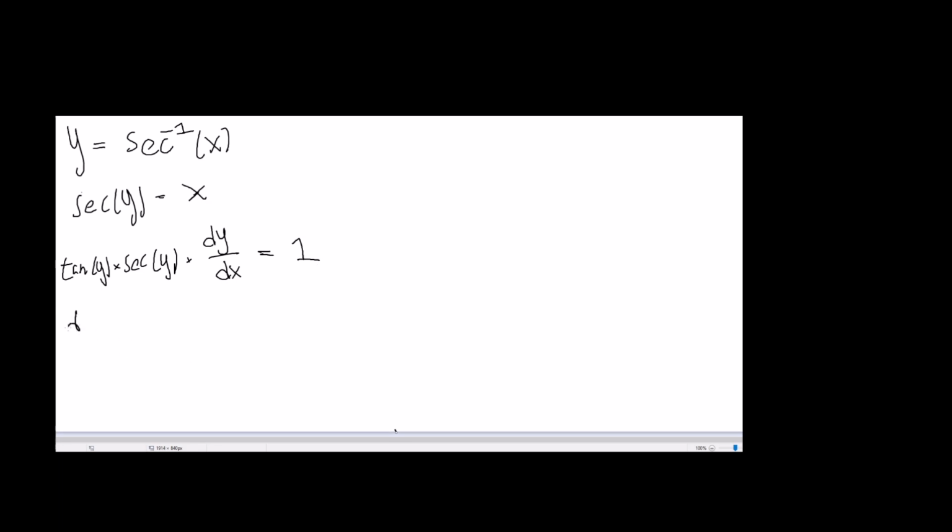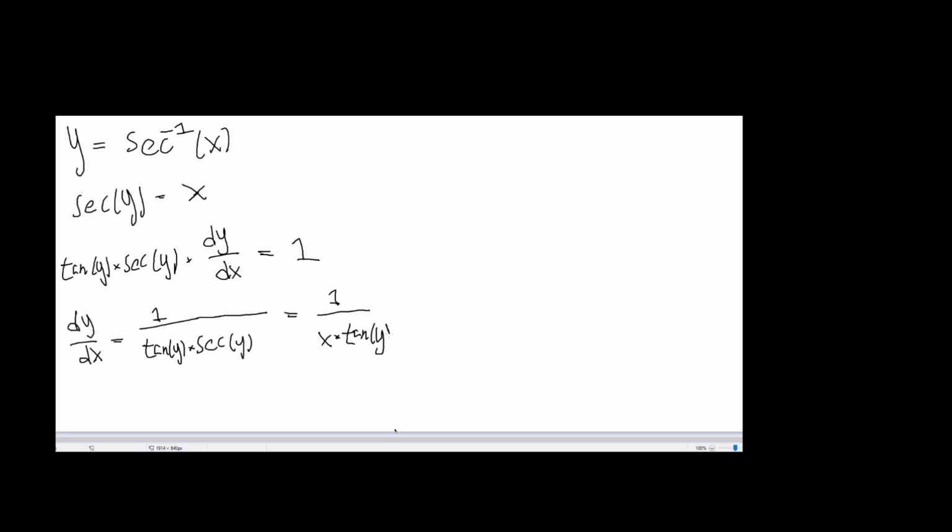So here we have dy over dx is equal to 1 divided by tangent of y times secant of y, since that's what we divided on both sides, and since y is just the inverse of secant of x, of course this would just be equivalent to x times tangent of y.